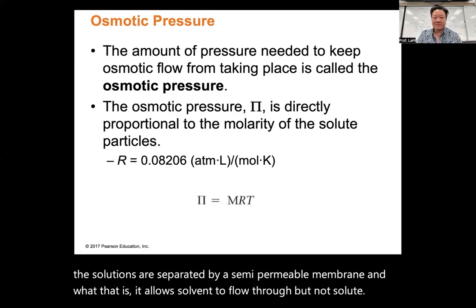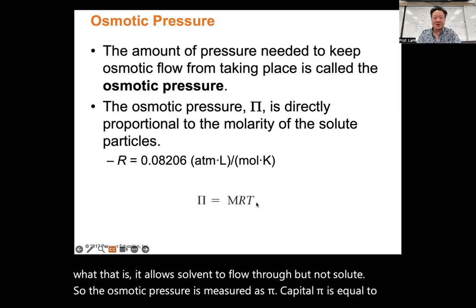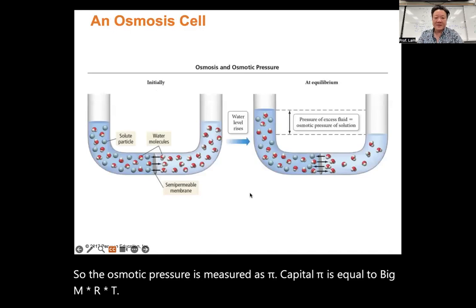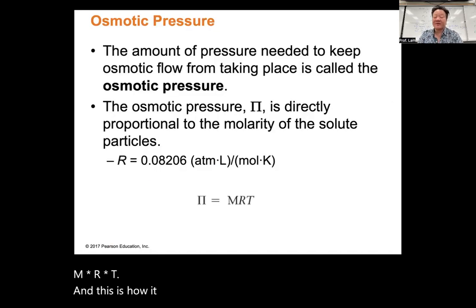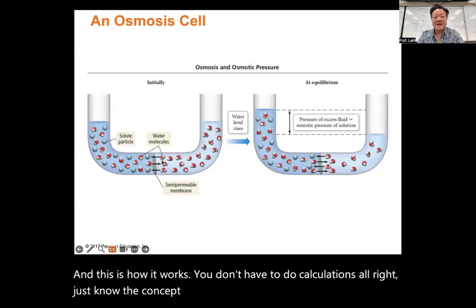So the osmotic pressure is measured as capital Pi, which is equal to big M times R times T. You don't have to do calculations, all right? Just know the concept of osmosis.